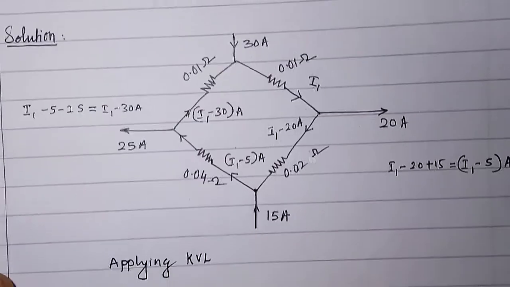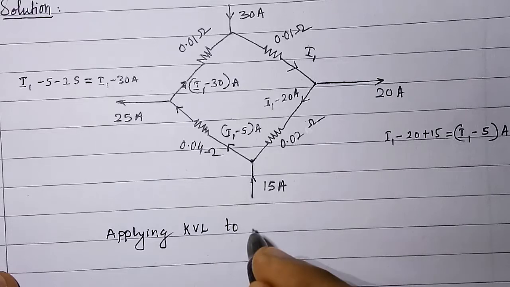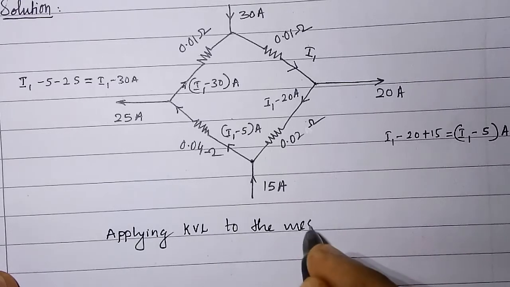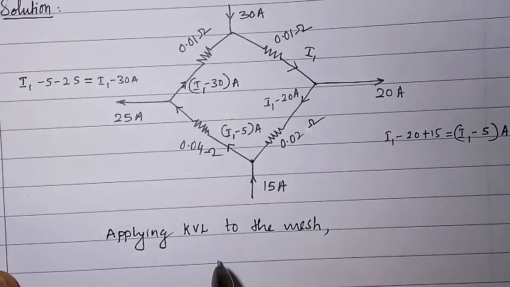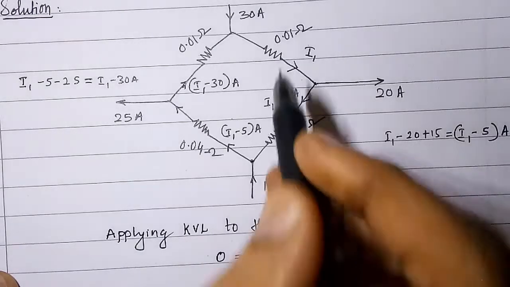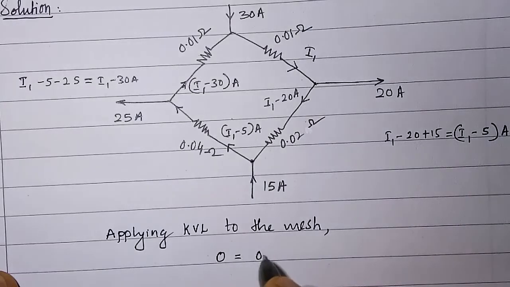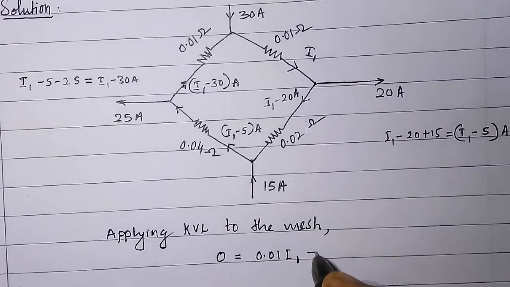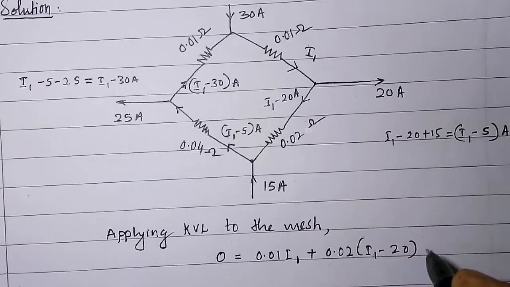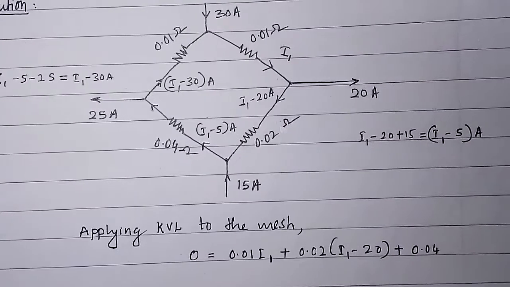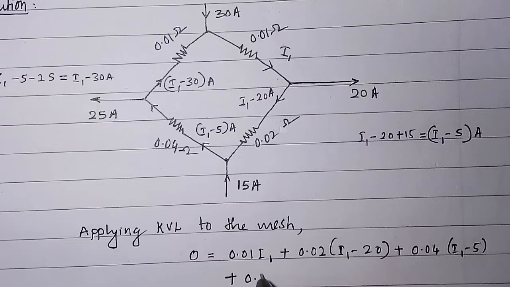Applying KVL to the mesh, we get voltage rise equal to 0: 0.01 I1 plus 0.02 into the bracket I1 minus 20, plus 0.04 into I1 minus 5, plus 0.01 into I1 minus 30.